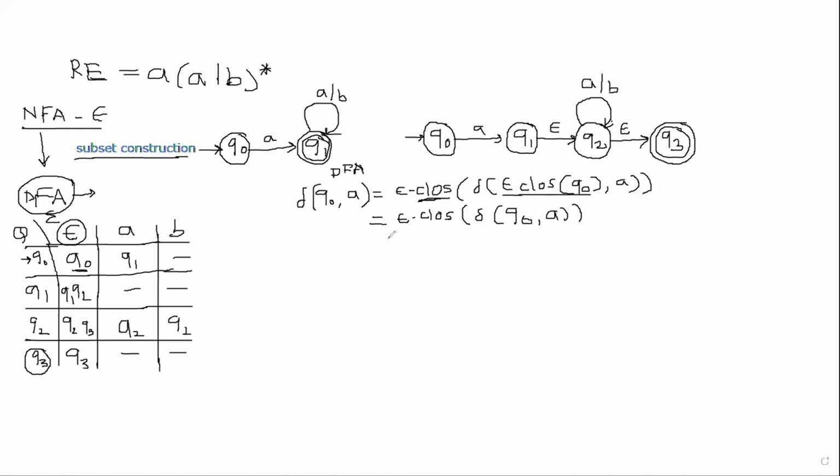That way I have taken the epsilon closure of Q0, it is Q0. Now I will check the transition of Q0 on A. The transition of Q0 on A is Q1. So the solution of this bracket is Q1.